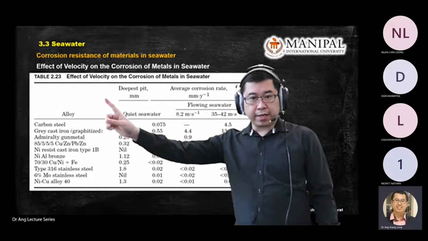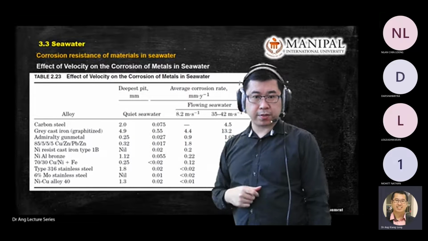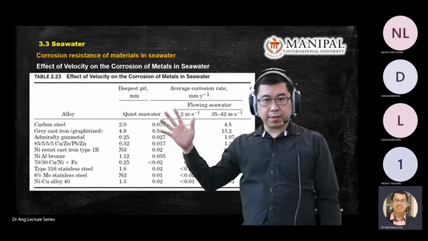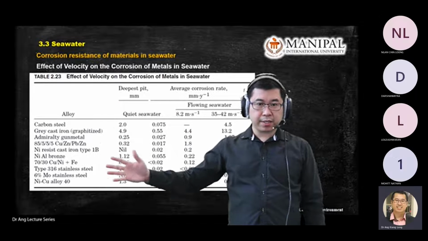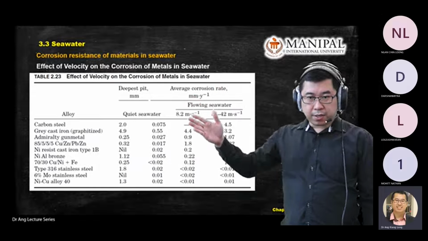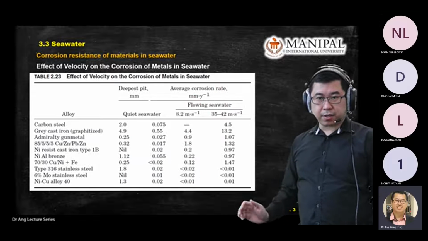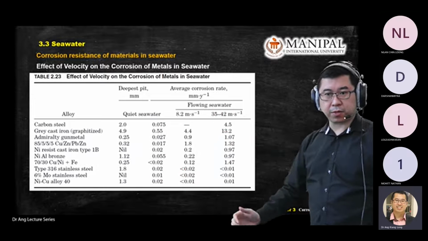Next, we look at the effect of velocity on the corrosion of metals in seawater. So from this table, on the left-hand side, you see the alloy, the type of alloy, carbon steel, and so on. In the middle and the third column, you have quiet water and flowing seawater.